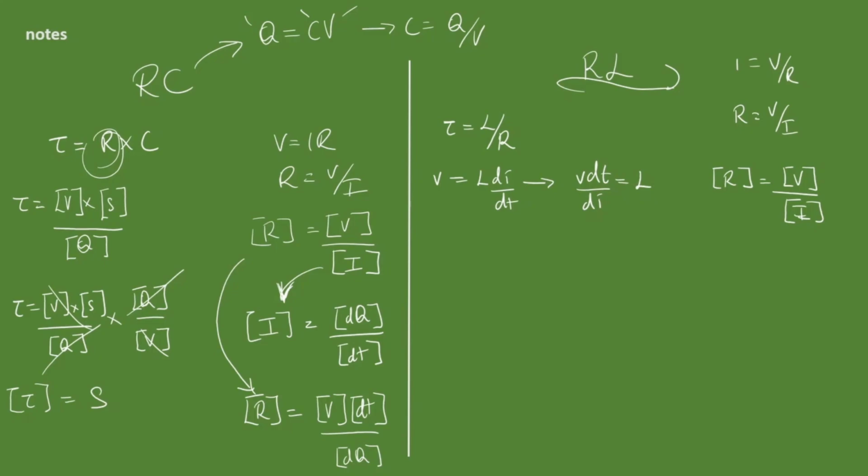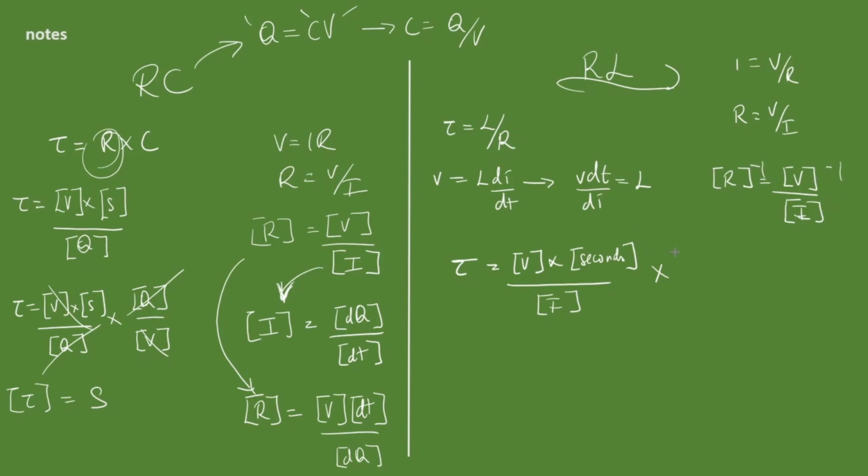Let us throw this into our formula for the time constant. Tau is L, so that's V dt over di, with voltage times dt giving seconds, over di, which we just leave as I. Then we're dividing by R, so whatever we get for R, we make it inverse.